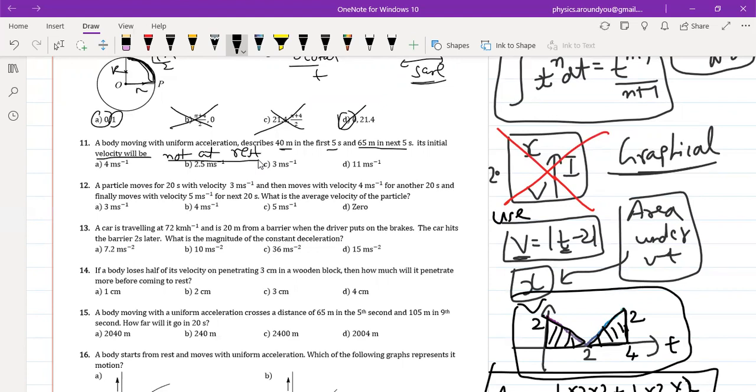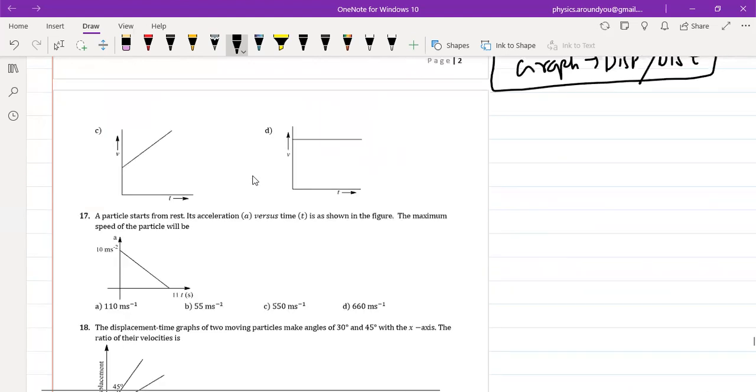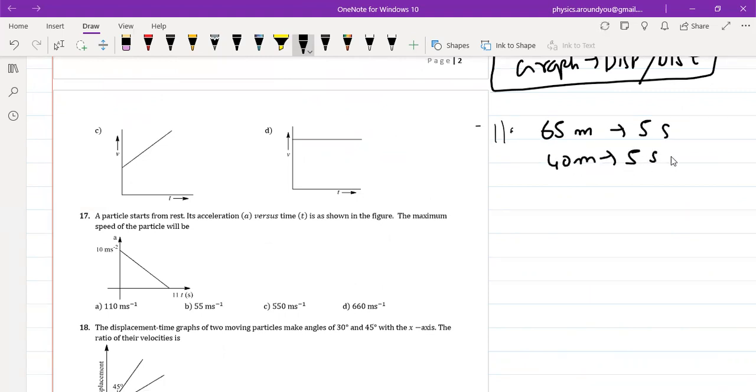So what is the ideal way to tackle this question? Here it covers some 65 meters, say, in the first 5 seconds, and 40 meters in the next 5 seconds. The keyword is next. And then they are asking what is the initial velocity.